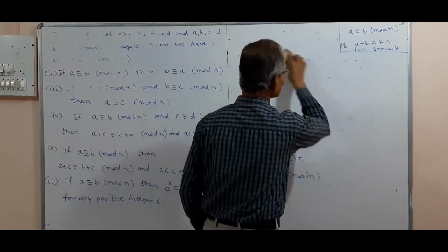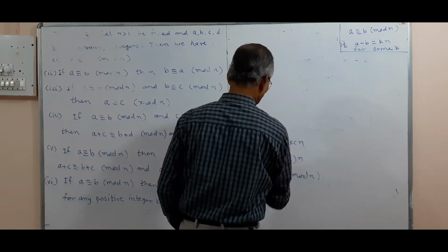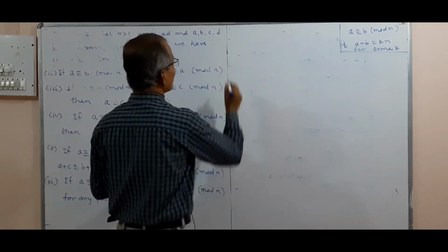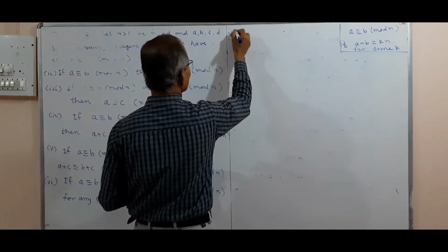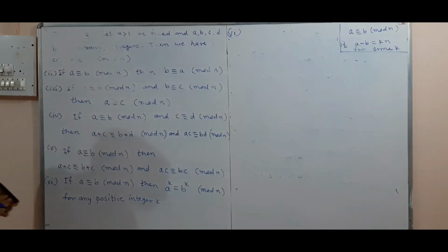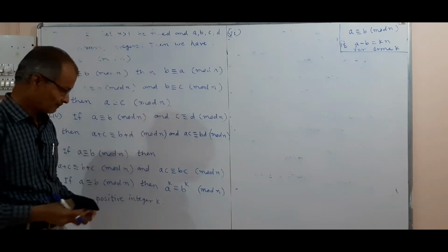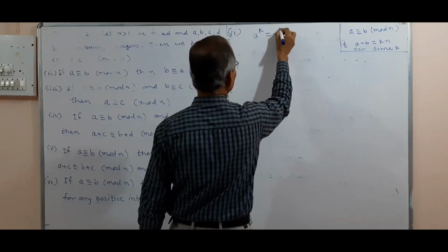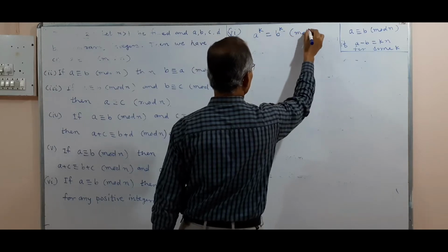For the last result, we shall use the method of induction. And what is the method of induction? To prove this result, A to the power k is congruent to B to the power k mod n.